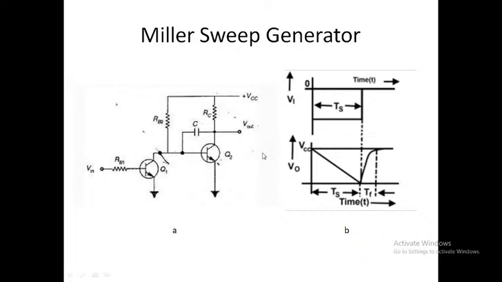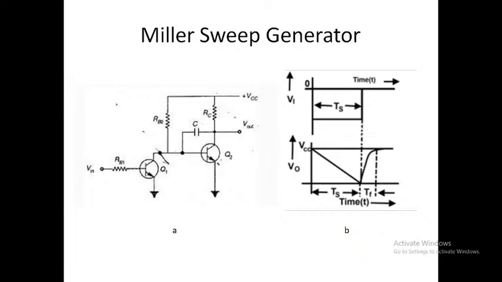When a pulse of negative polarity, as shown in figure B, is applied at the base of Q1, the base emitter junction of Q1 gets reverse biased.